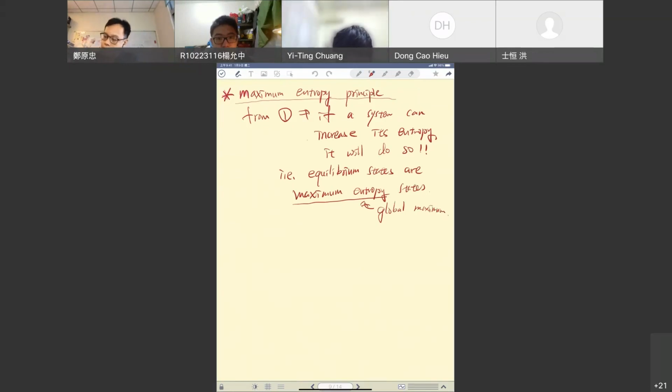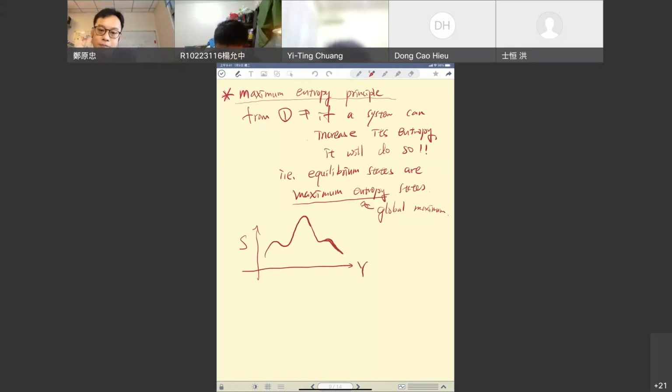Graphically, if we plot entropy along some coordinate y, a variable that can be used to control the system, entropy will be some function of y. I randomly draw a mountain with several peaks, but these maxima are not equal.